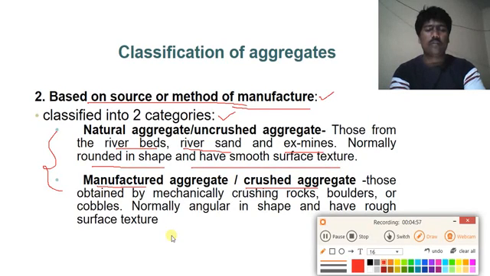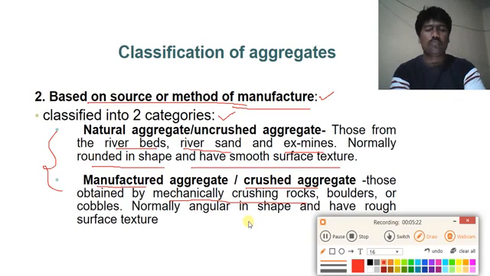Coming to manufactured aggregates, also called crushed aggregates, these are the aggregates generally obtained by mechanical crushing of rocks. If you take a rock and crush it into pieces, the aggregate that we obtain is called crushed aggregate, or also called manufactured aggregate.